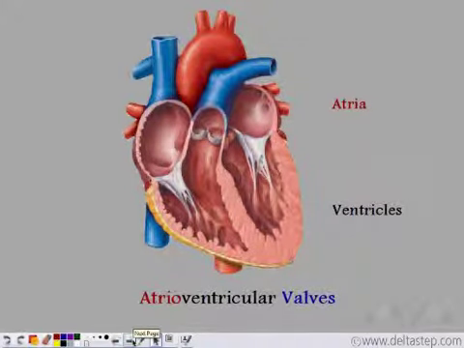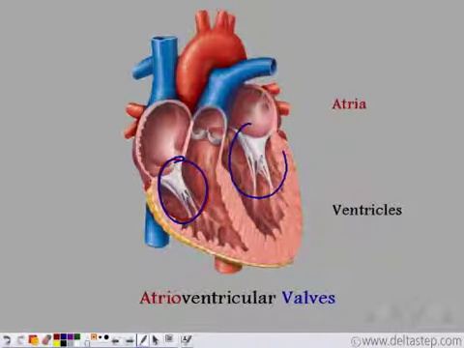Since these two valves are present between the atria and the ventricles, they are known as the atrioventricular valves. So there are two atrioventricular valves present in the heart: between the right atrium and the right ventricle, and the left atrium and the left ventricle.